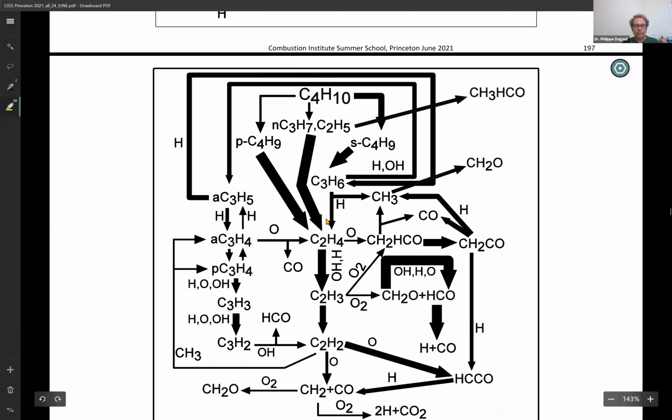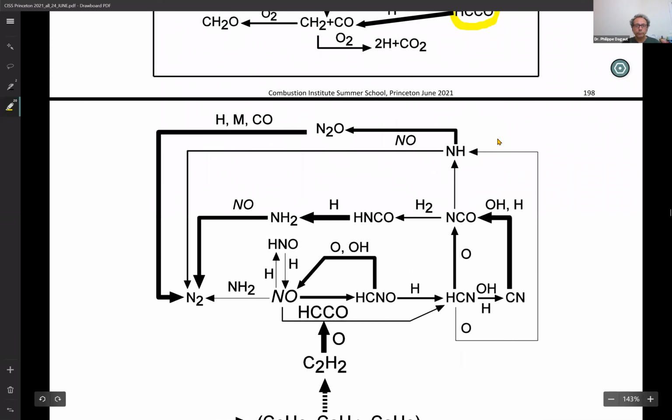So the oxidation of ethylene goes to CH2, HCO, CH2CO, HCCO. And all this chemistry is associated with the intermediate formation of propylene. We have all the C3 branches, and some of these reactions will finally produce acetylene here. So chemistry is very similar.